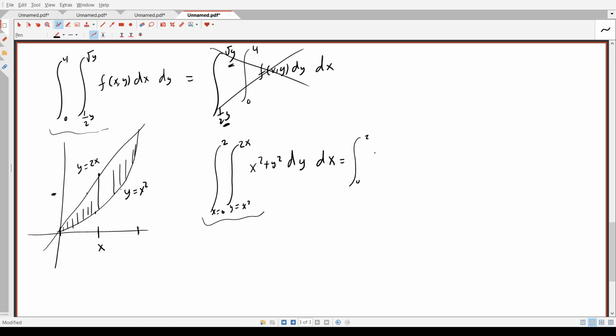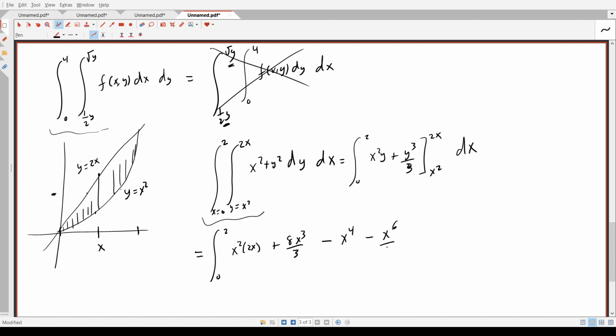Now we're integrating with respect to y first, so I have x squared y plus y cubed over 3, from x squared all the way up to 2x, dx, which is equal to the integral from 0 to 2. So that's going to be x squared times 2x plus 8x cubed over 3 minus x to the 4 minus x to the 6 over 3, dx.